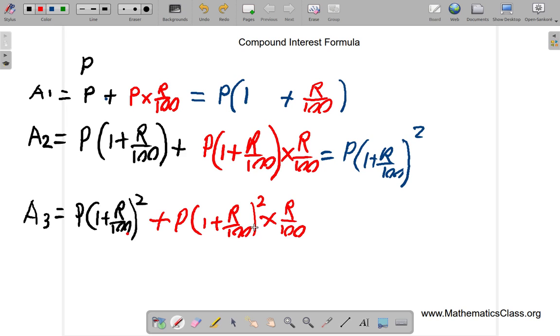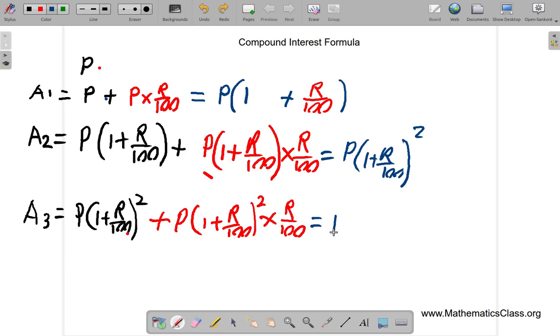Alright, so let's see what happens in this case. Let's factorize. What's the common factor here? Just as earlier, where the common factor was P times 1 plus r over 100, now the common factor is P times 1 plus r over 100 squared, because we see it here again. So let's factor that out.